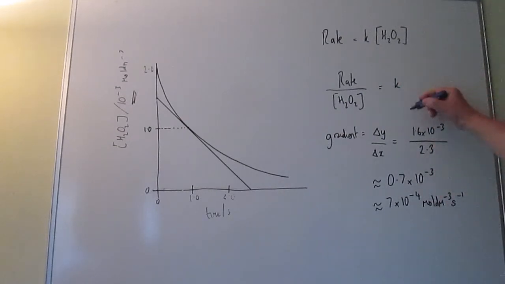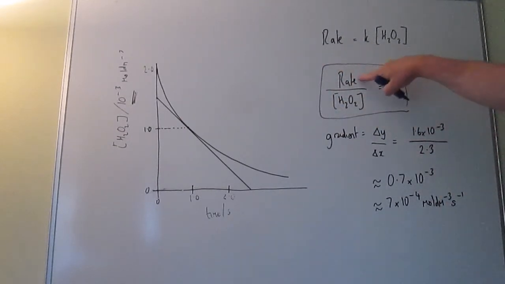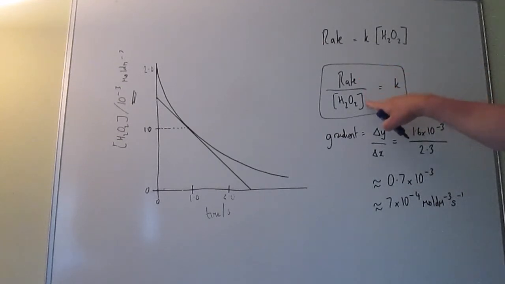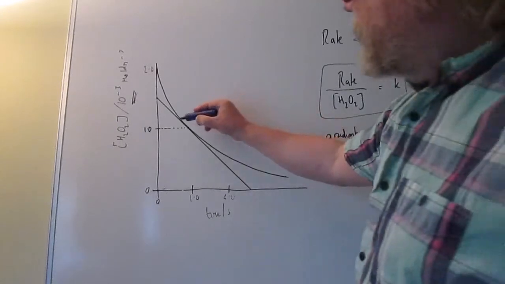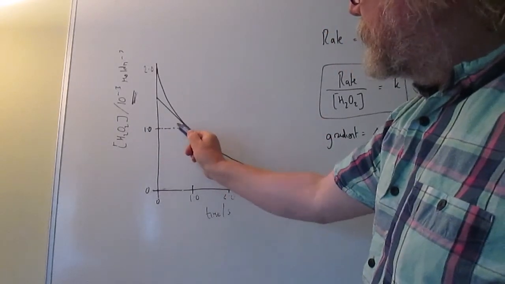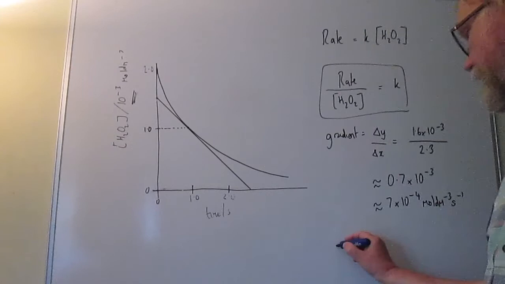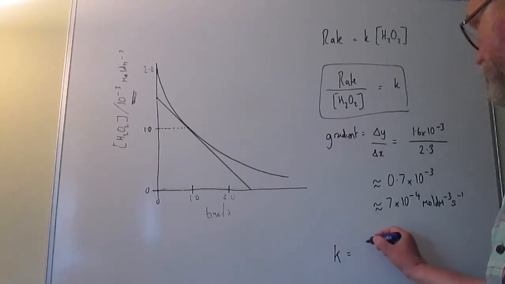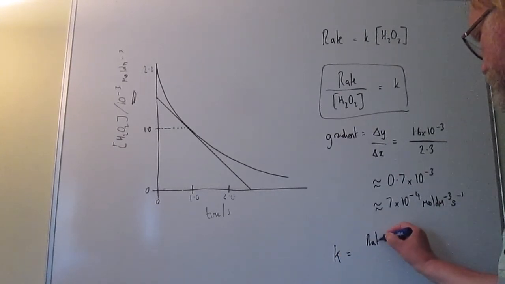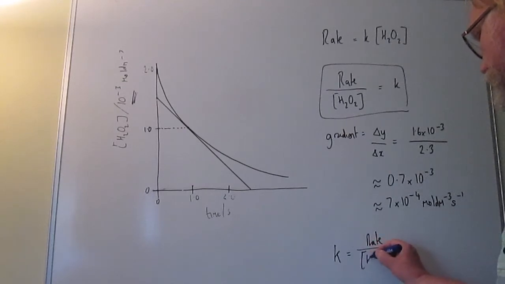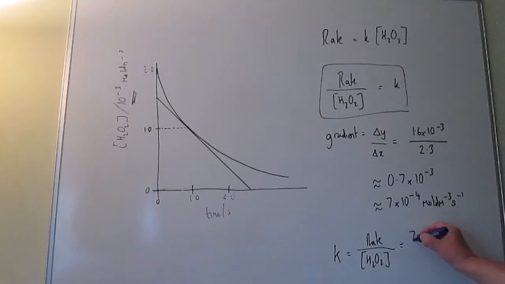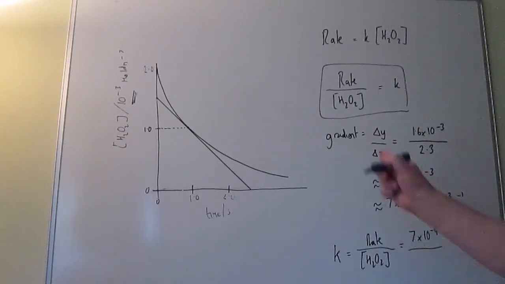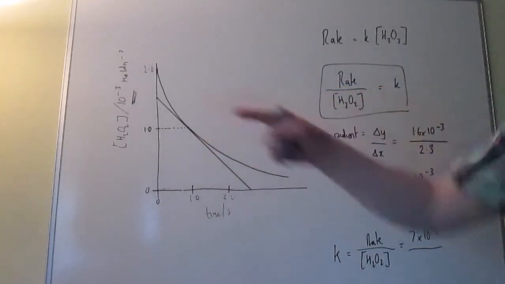And we can then plug that into here and say, right, that's the rate. The concentration is the concentration at that point where the tangent was taken. In other words, we chose it to be 1 times 10 to the minus 3 moles per dm cubed. So we can therefore say that k, which is equal to the rate divided by the hydrogen peroxide concentration, is equal to about 7 times 10 to the minus 4 divided by 1 times 10 to the minus 3.